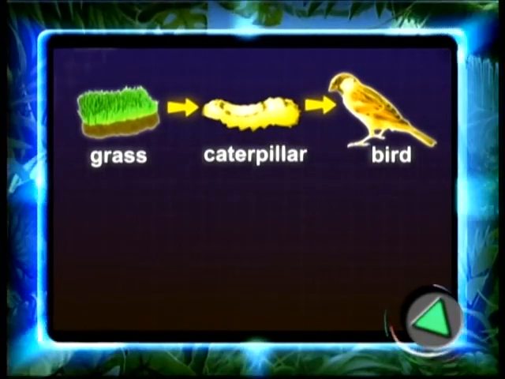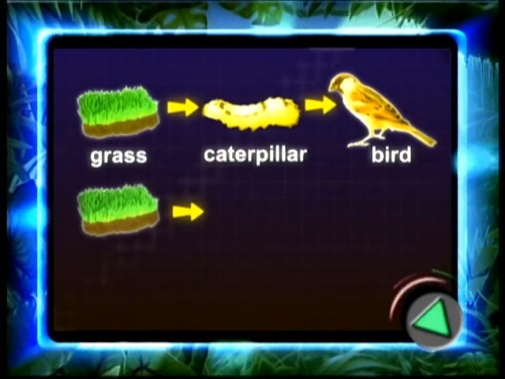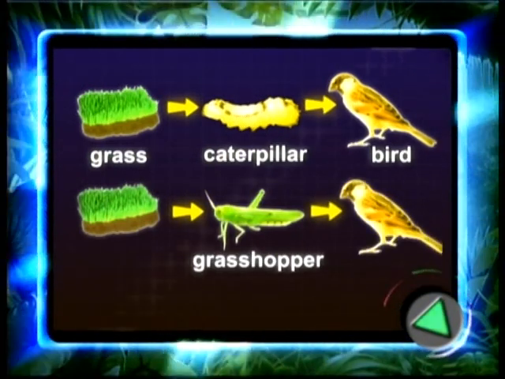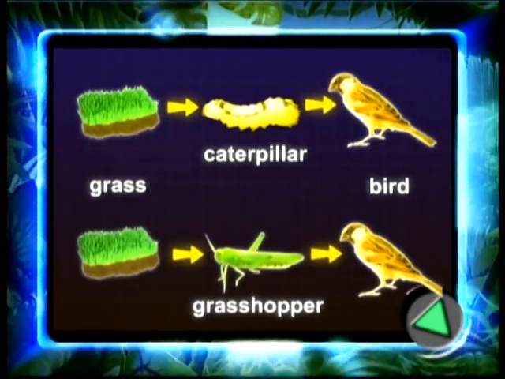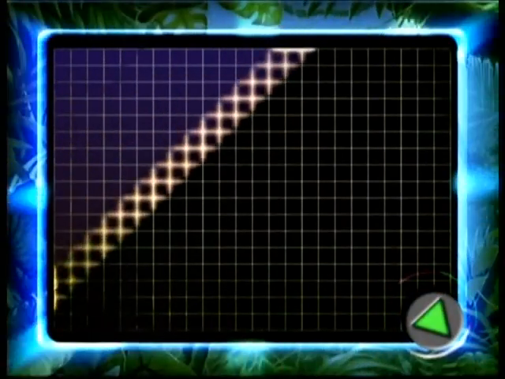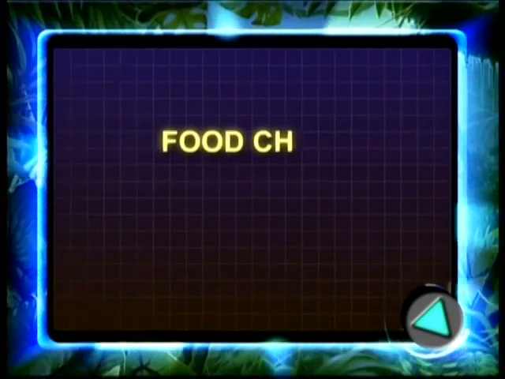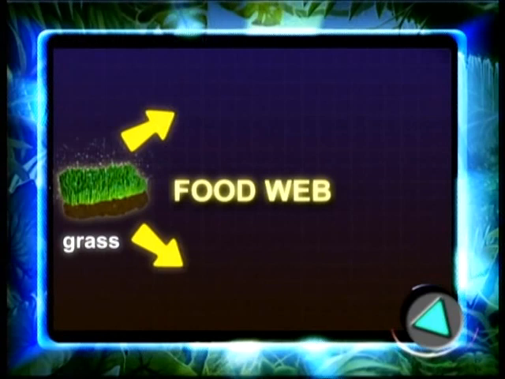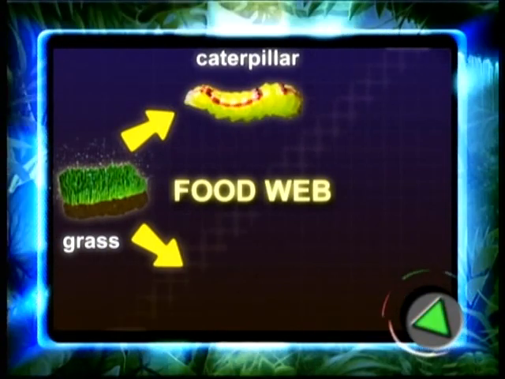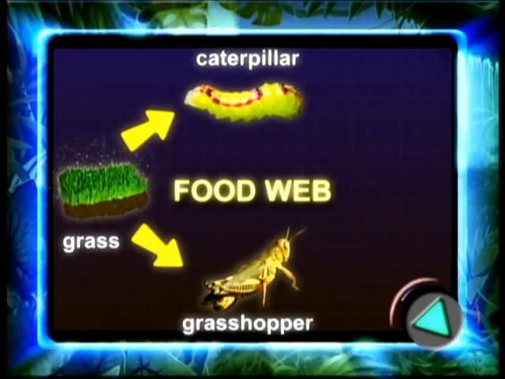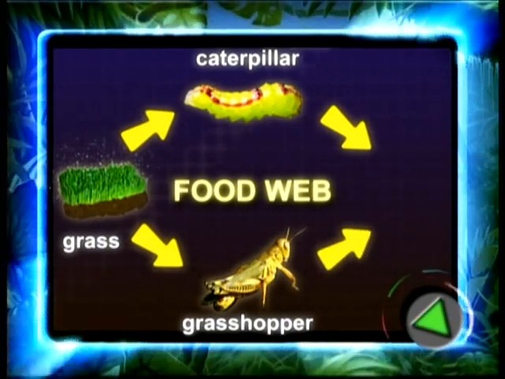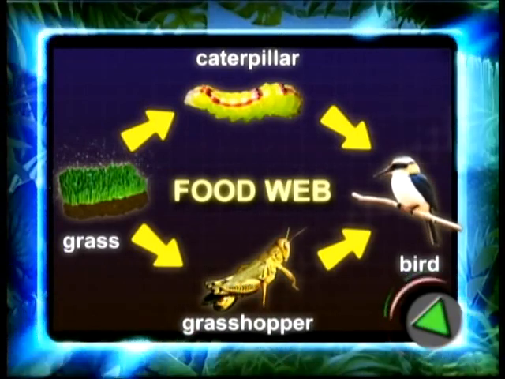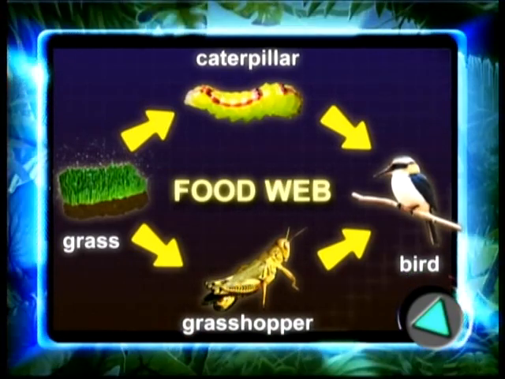The second food chain shows that the grass is eaten by the grasshopper and this insect will be eaten by a bird. Now the two food chains combined form a food web. The arrow points two ways, from the grass to the caterpillar and to the grasshopper. They will then be eaten by a bird. This is a food web.